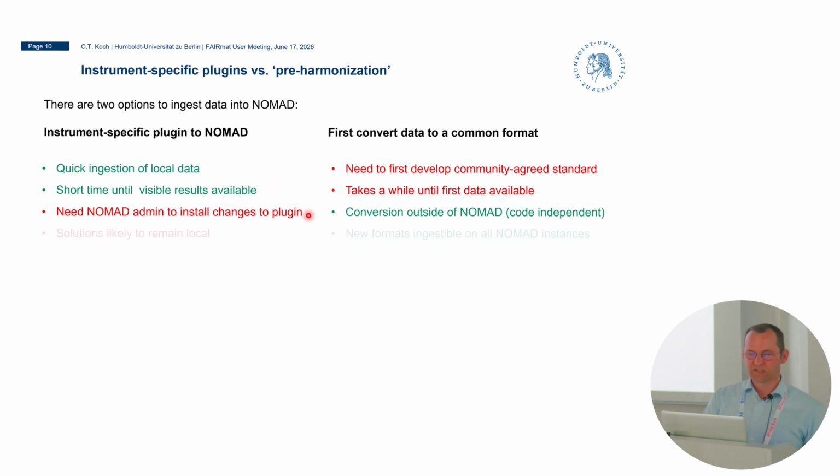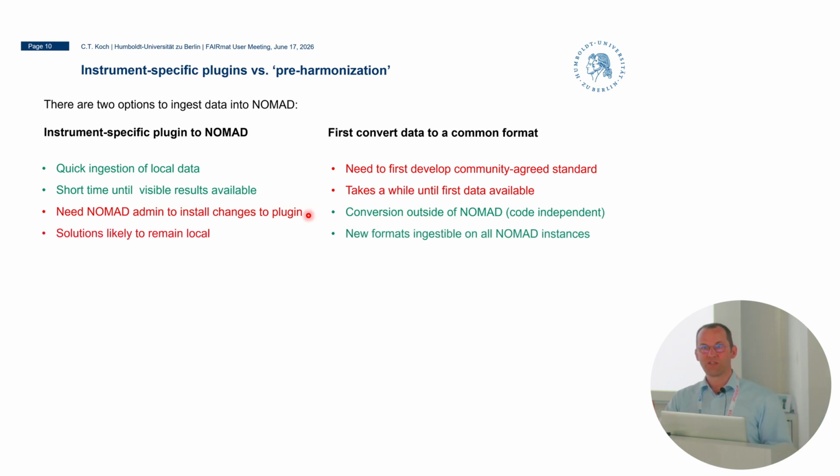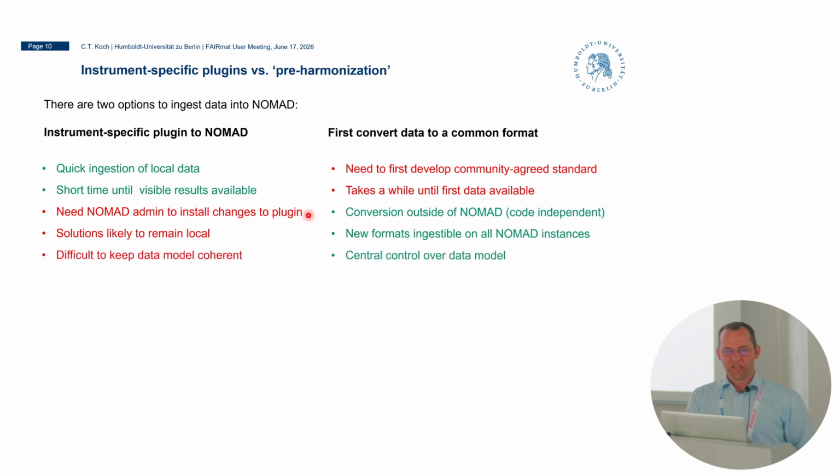Whereas if you want to incorporate a new data format by a new plugin, you have to really change something in your NOMAD Oasis instance, which means that this change is only going to apply to your local instance at first, unless you make it open source software, which is then incorporated into the NOMAD distribution, which other people, when they update their NOMAD instance, would also benefit from.